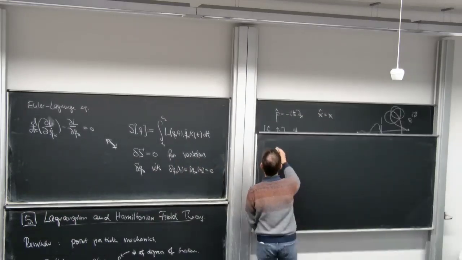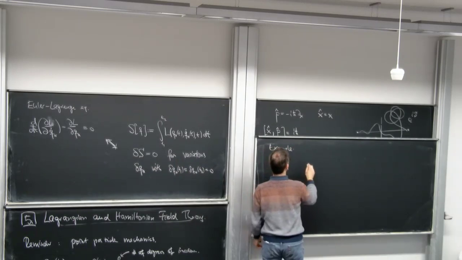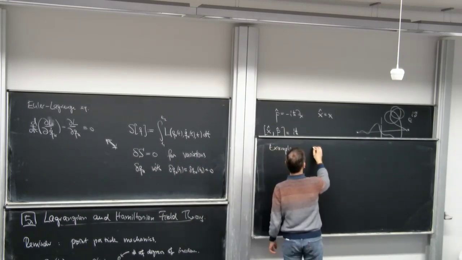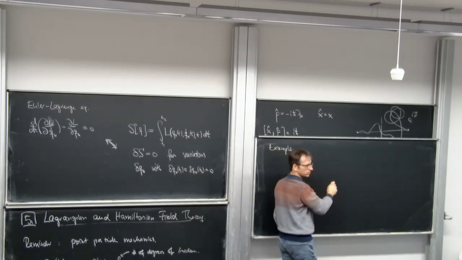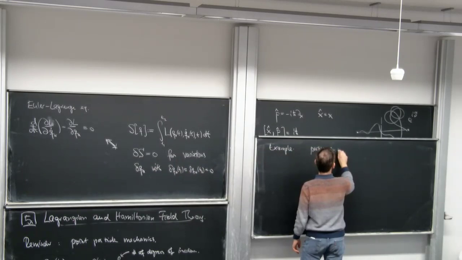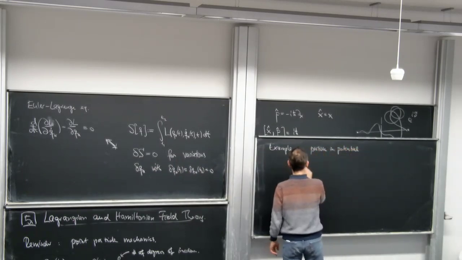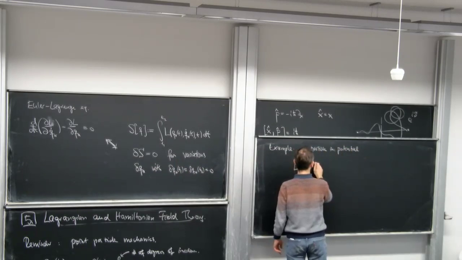To give you an example, let's say a relativistic particle with a potential. And then my L is, what is it?